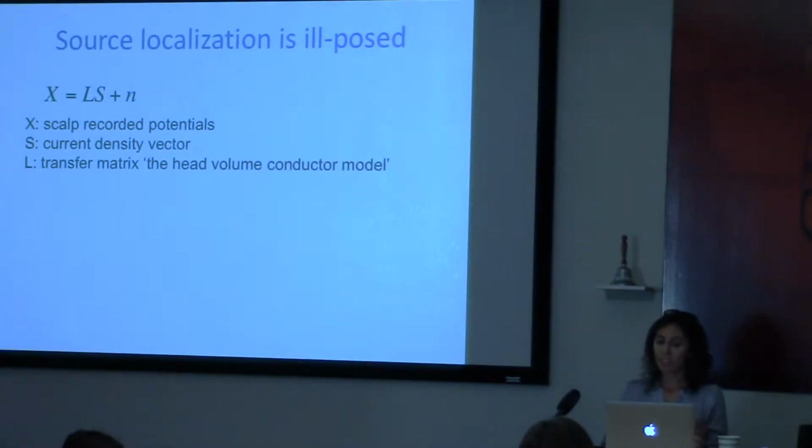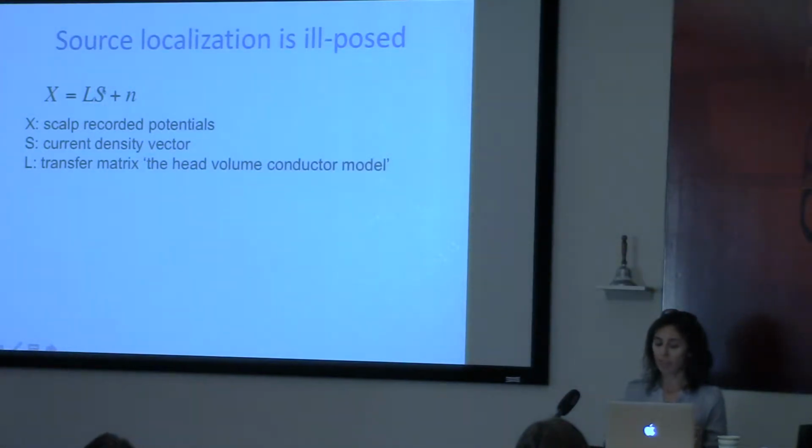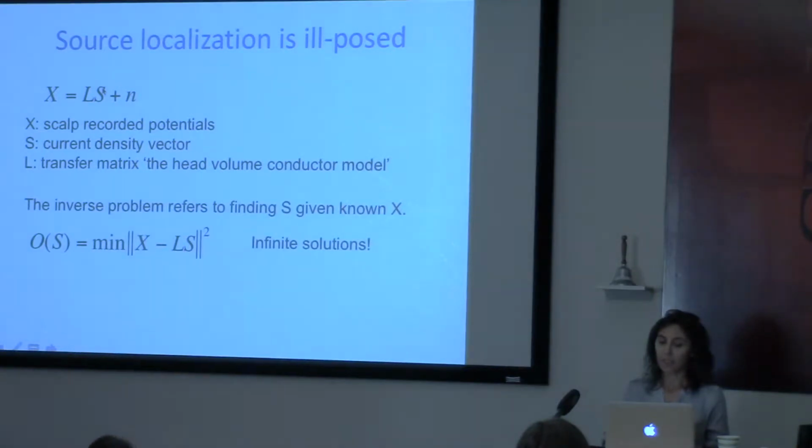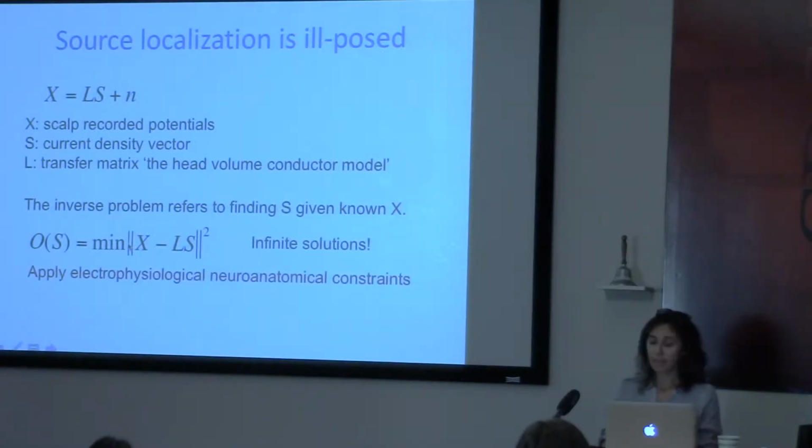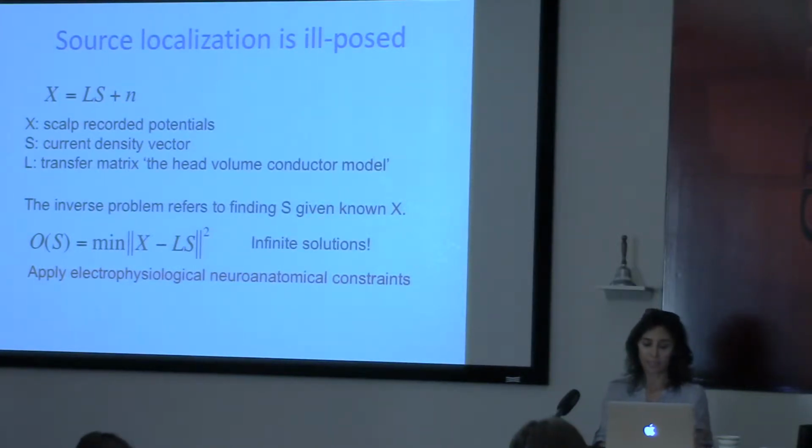So if we represent the scalp electrodes by X, scalp EEG by X, and the volume conductor model by L, and the sources by S, the minimization problem would give us many solutions. Therefore, we apply electrophysiological neuroanatomical constraints to constrain the sources.